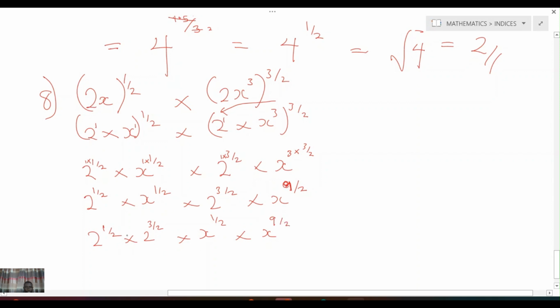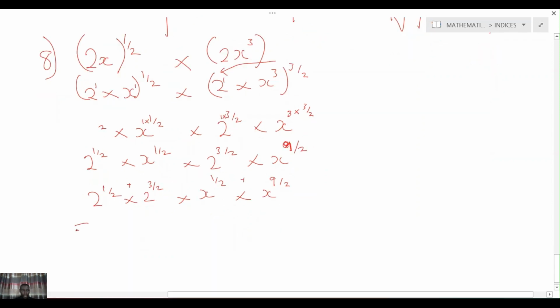If we evaluate, we'll put plus here, and plus here too. This is equal to 2 raised to power 4 over 2 times x raised to power 10 over 2.